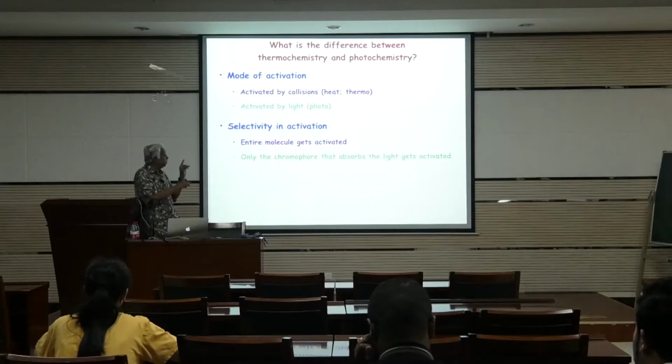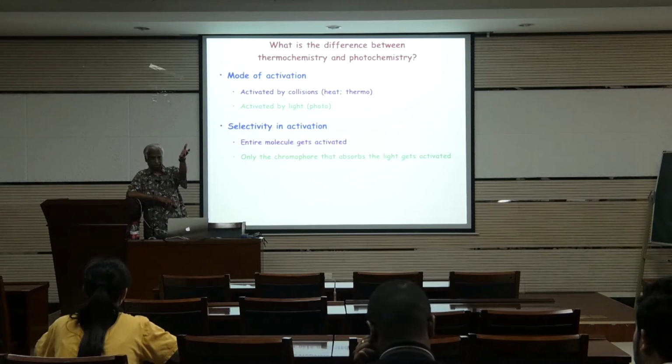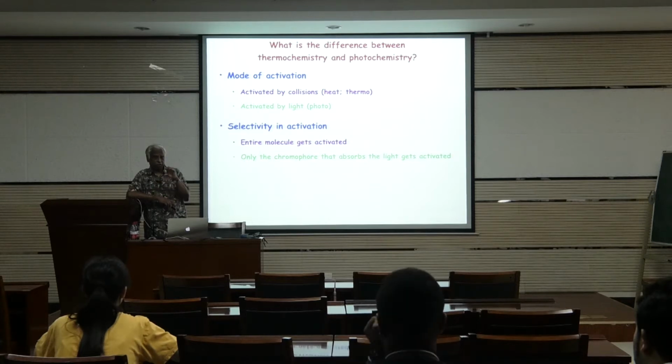The difference between thermal chemistry and photochemistry comes from the fact that when you heat a molecule, the whole molecule gets hot. When you shine light on a molecule, only the parts that absorb the light get activated. So reactions activated by light are very selective compared to reactions by heat.